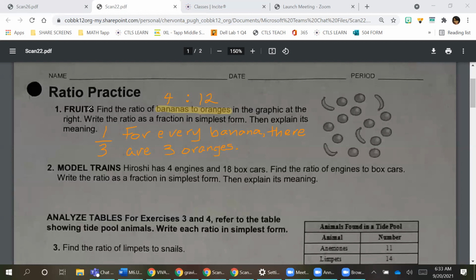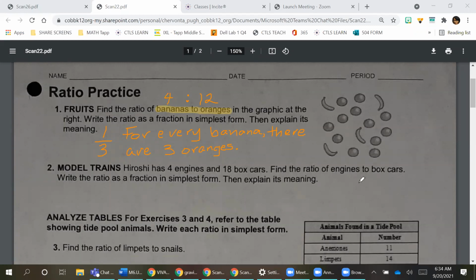All right, awesome. Let's look at number 2. It says model trains. Hiroshi has 4 engines and 18 boxcars. Find the ratio of engines to boxcars. Write the ratio as a fraction in simplest form, then explain its meaning. So you guys know I like to highlight important information.